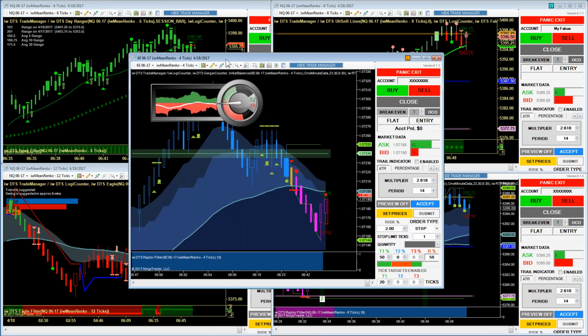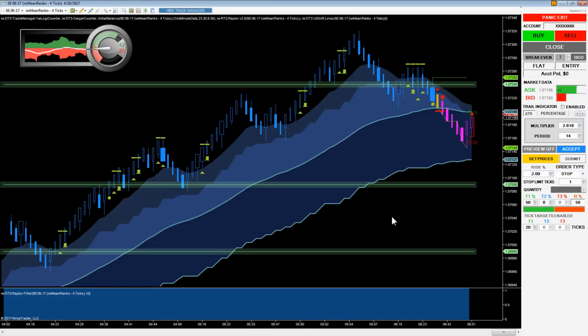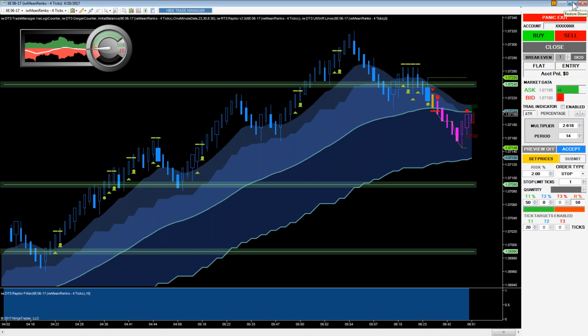Here's the euro now on the Raptor. And excuse me, we're into the hard edge here on the cloud. We may see a bounce out of here and a number 3 signal produced, our hard edge bounce signal.